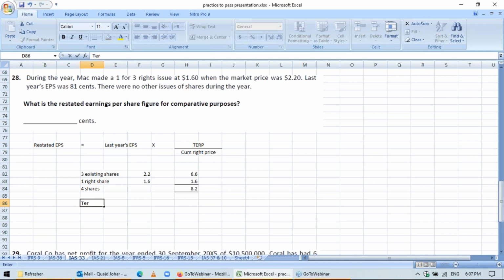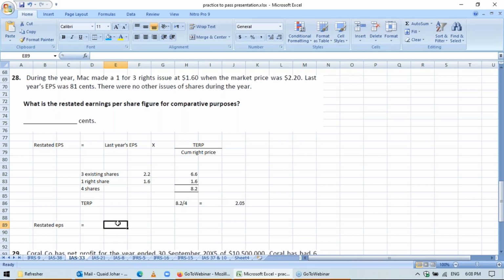So now the theoretical ex-right price is equal to 8.2 divided by 4. This makes 2.05. So now the adjustment fraction for the restated EPS will be taken upside down.